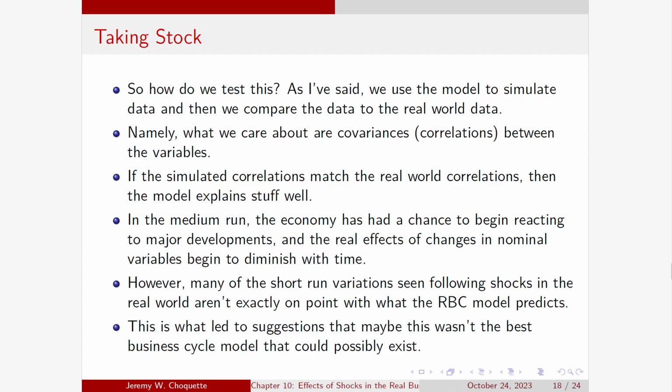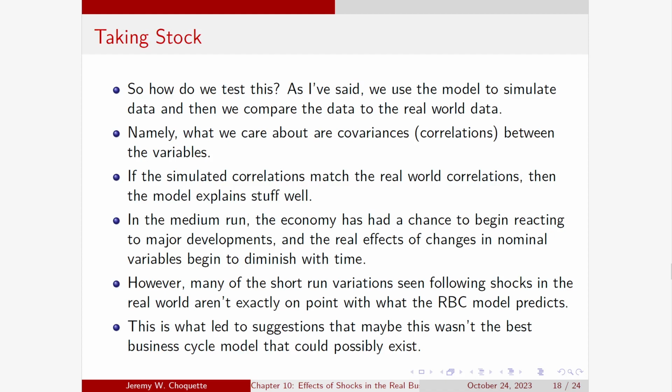Now, in the medium to long run, the economy really gets a chance to begin to react to major developments, and the real effects of changes in nominal variables start to diminish with time. So a lot of the short run variations that we would really like to see aren't going to show up in the real business cycle model, just because the way it's set up, it's not designed to show us what happens in the short to medium run.